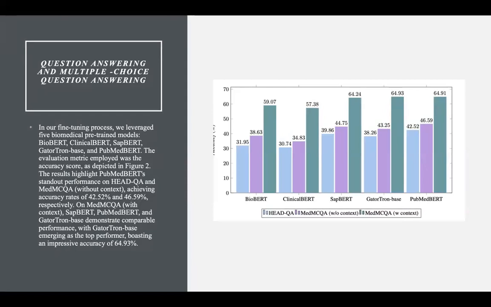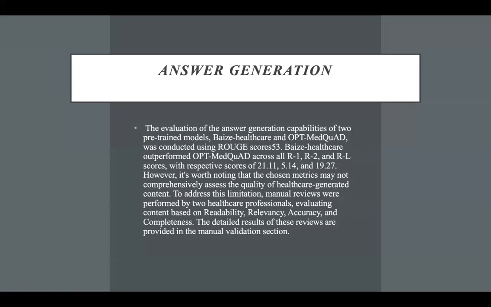The results highlight PubMedBERT's standout performance on HEAD-QA and MedMCQA, achieving accuracy rates of 42.52% and 46.59% respectively. On MedMCQA, SAPBERT, PubMedBERT, and GatorTron demonstrated comparable performance, with GatorTron base emerging as top performer, boasting an impressive accuracy of close to 65%.